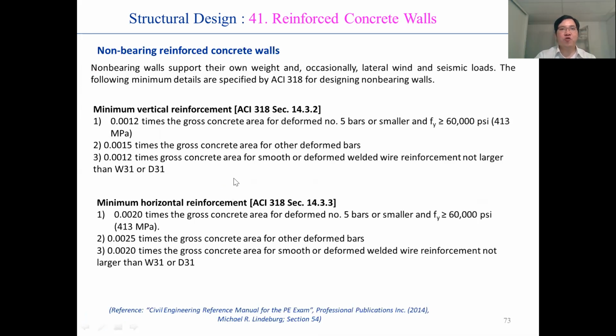In this slide, I show you a reminder about the reinforced concrete wall. In this slide, I show you the definition or the introduction of the non-bearing reinforced concrete wall. Otherwise, I give you some values for the minimum vertical reinforcement and minimum horizontal reinforcement.